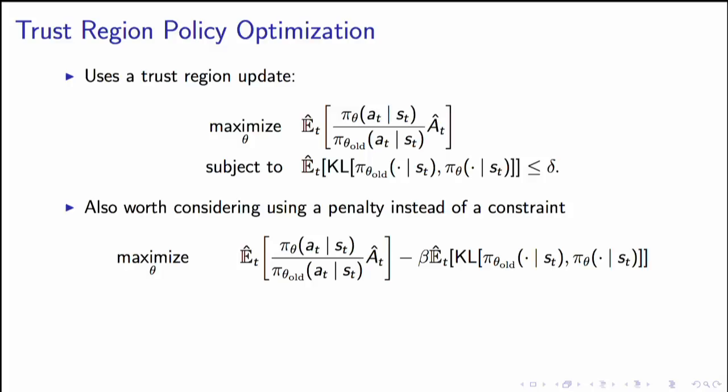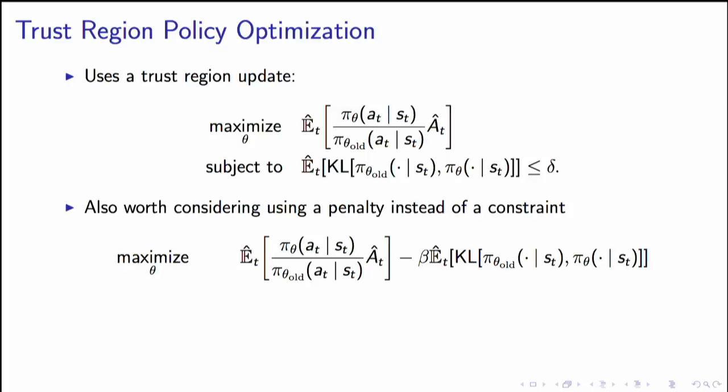So basically, beta is telling you the trade-off between rewards according to your advantage function and bits of KL divergence between your new policy and your old policy. So the proper choice of beta might depend on the scaling of the rewards.